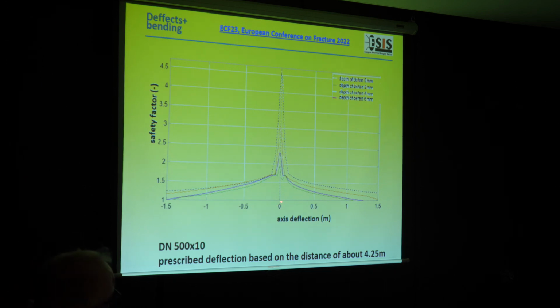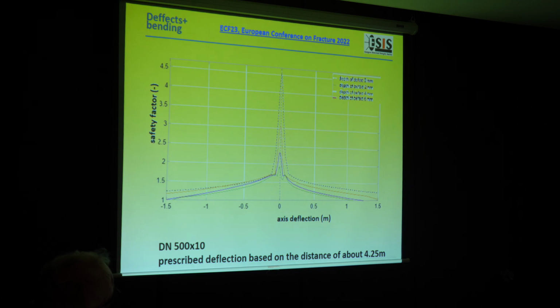Also possible to see here without the additional bending, here increasing the depth, the safety factor decreases from this point when increasing the depth, and increases relatively strongly when increasing the additional bending. And it's possible to create many diagrams, many nomograms like this.